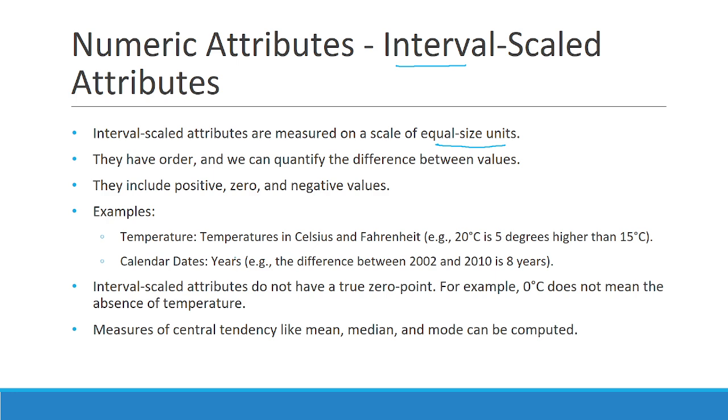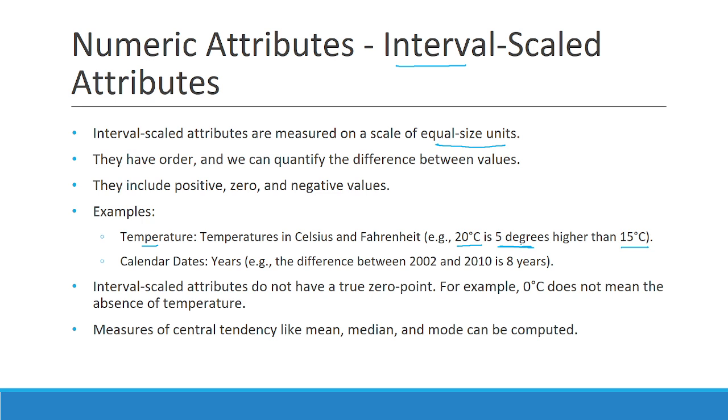Okay, example of interval scale attributes are temperature. So temperature in Celsius and Fahrenheit, you can see here 20 degrees Celsius is 5 degrees higher than 15 degrees Celsius, right? So this is having some numeric value, right? And if you subtract 15 from 20, you will get 5.